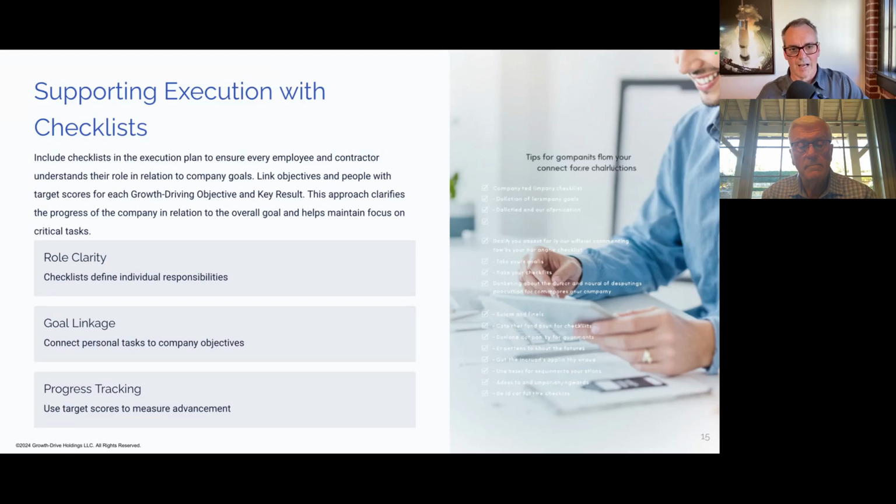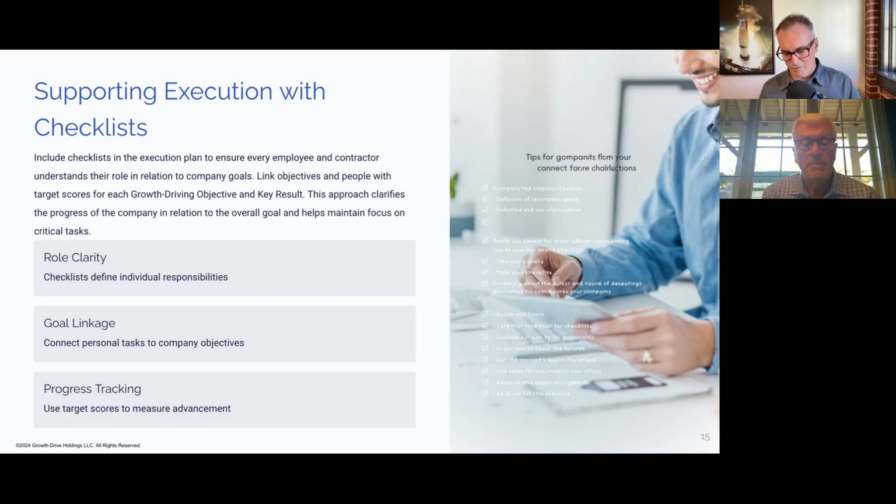There is a stack of tasks that are going to play out in something like 90 things that have to get done either simultaneously or in sequence. All of this, by writing it down and creating good, crisp communications of intent and timing, without getting into micromanaging, right, is the key to linking personal tasks with achieving company objectives, and always tracking progress.